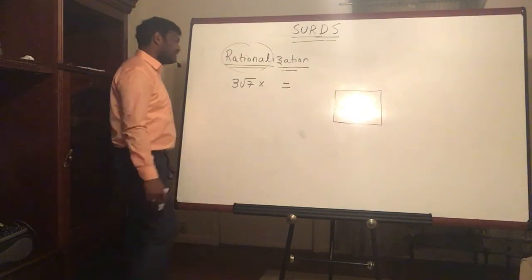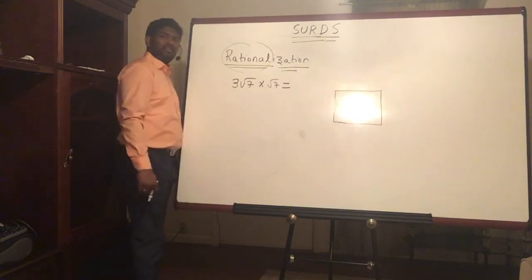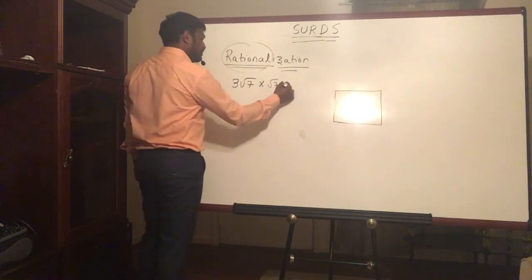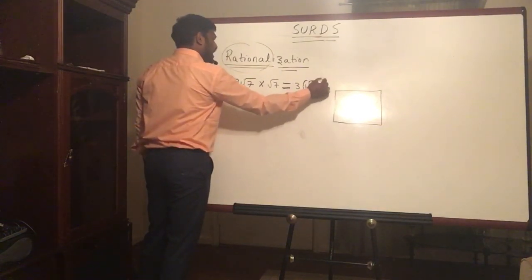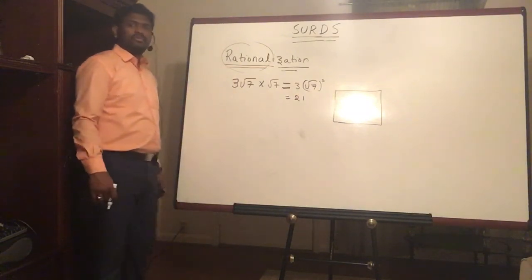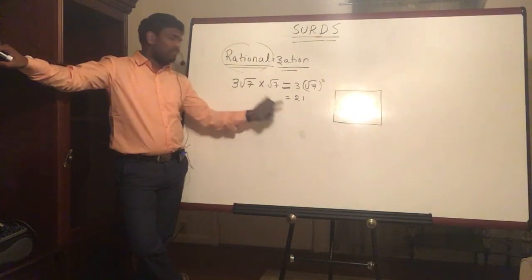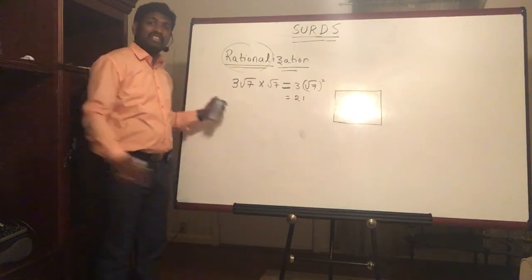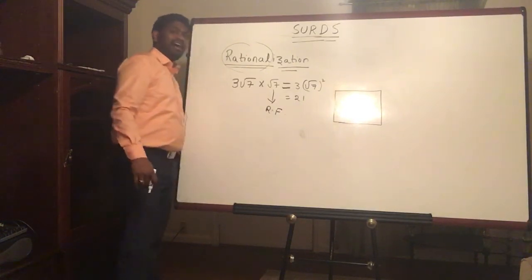So directly we can multiply with root 7 so that we get 3 times root 7 whole square. Square root gets cancelled. 3 times 7 is 21. So 21 is a rational number. To get a rational number, we are multiplying with root 7. So root 7 is called the rationalizing factor.